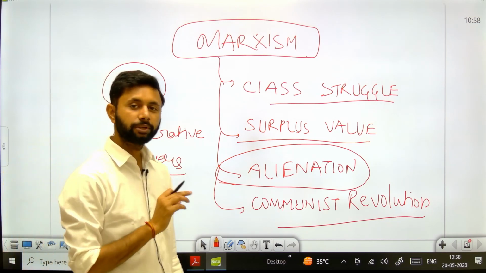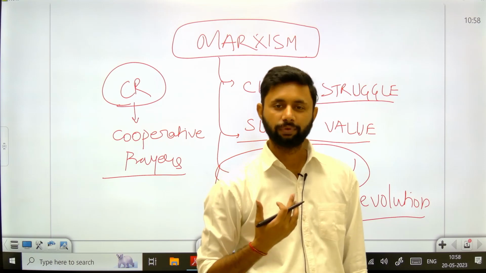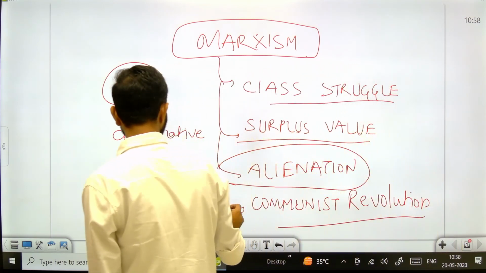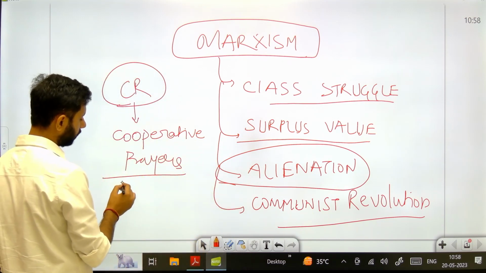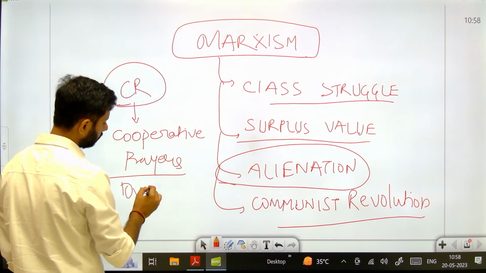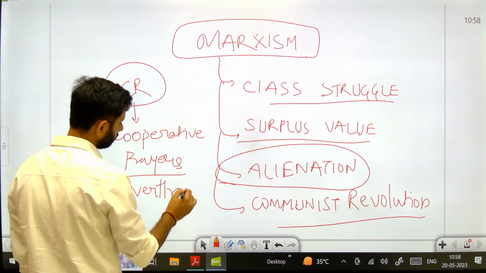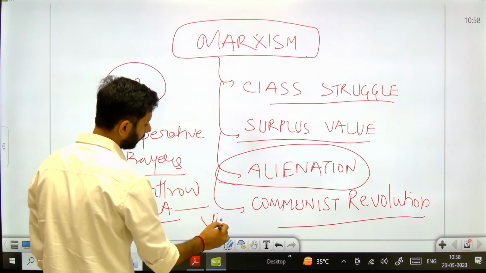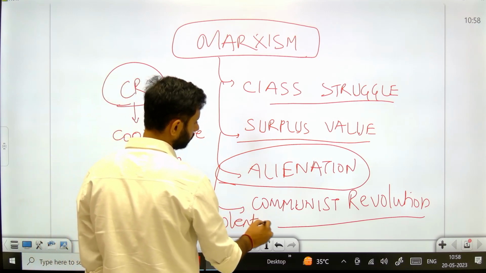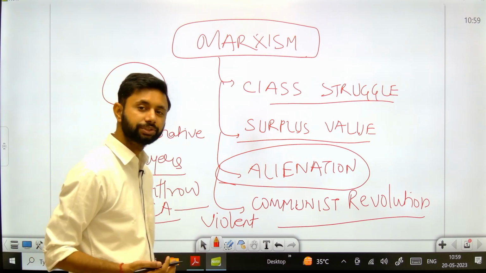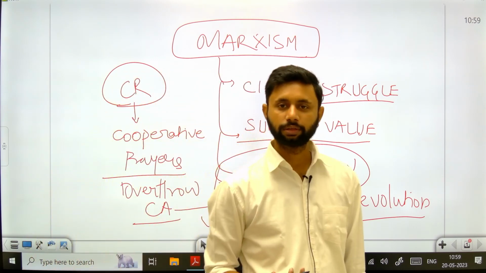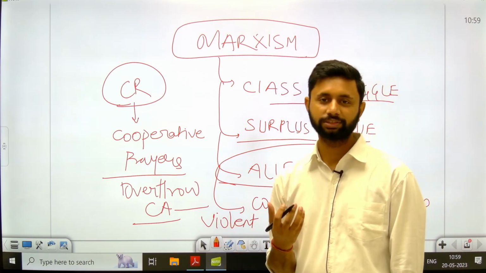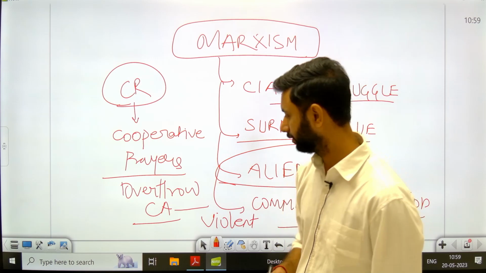So there is a very peculiar statement of Marx when he says, workers of the world unite, you have nothing to lose but your chains. So he asked workers to overthrow capitalism through violent revolution and establish dictatorship of the proletariat until its transition to communism, which is a stateless, classless society.